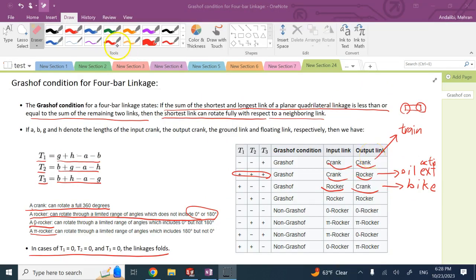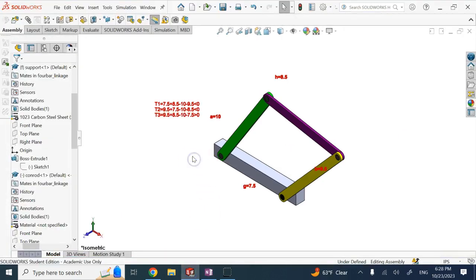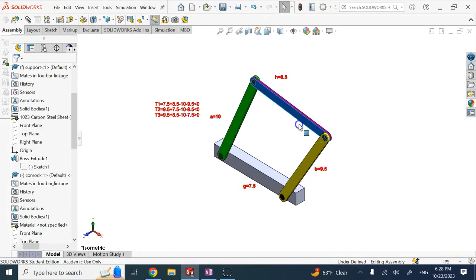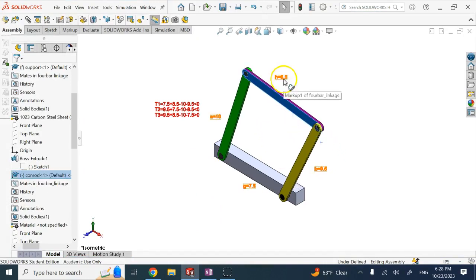Finally, let's say we want to look at crank crank. For this, the first two have to be negative and the last one should be positive. And here I have changed these numbers. So I made A 10, B 9.5, and then H still 8.5, and G 7.5.